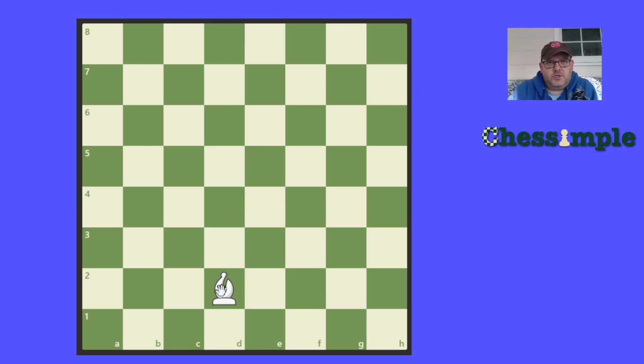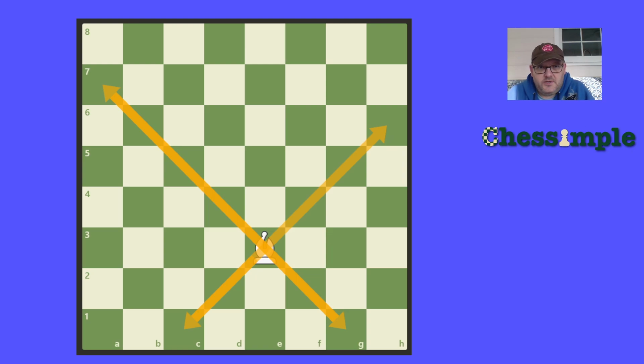But let's just look at the squares it covers from each natural developing square. So from E3, it still covers the C1 to H6 diagonal. And now it covers the G1 to A7 diagonal.